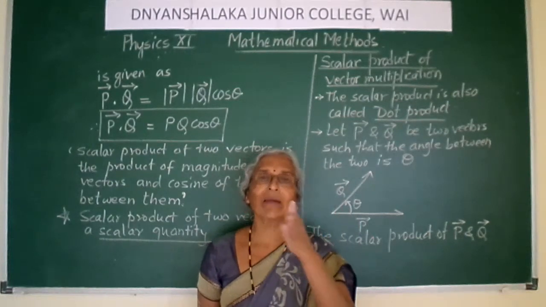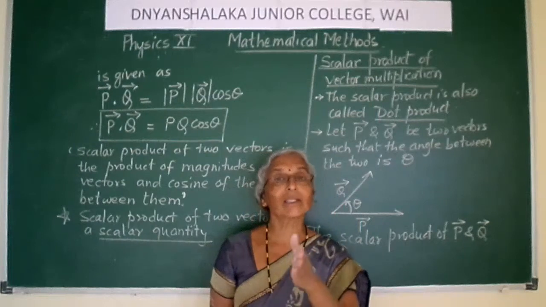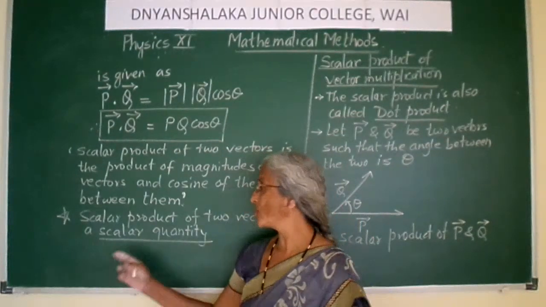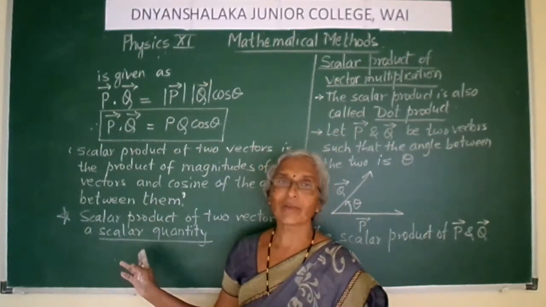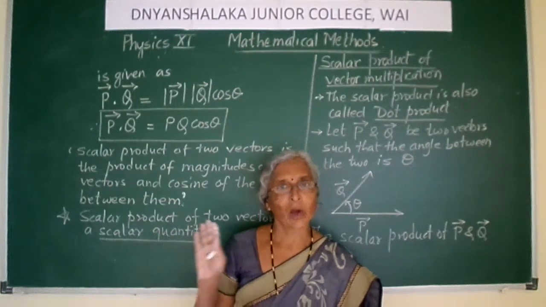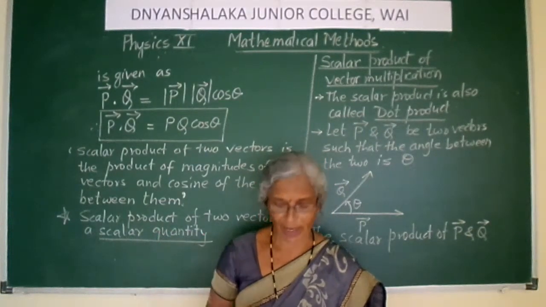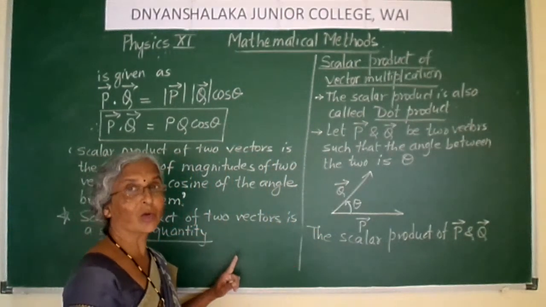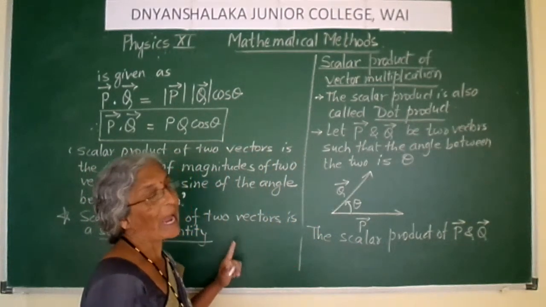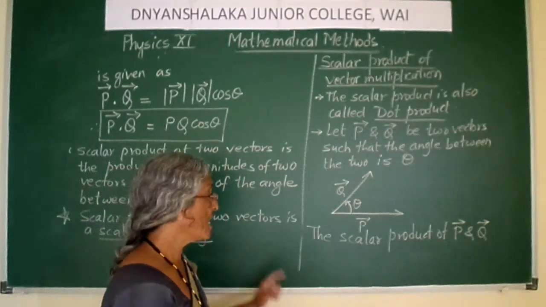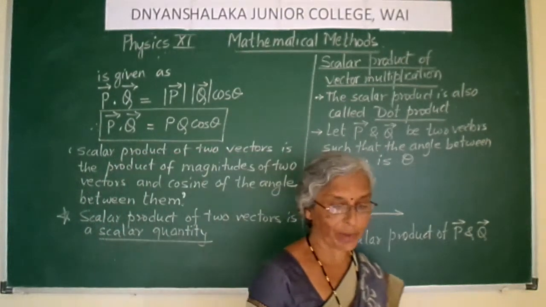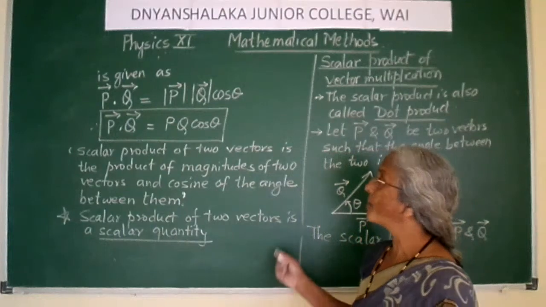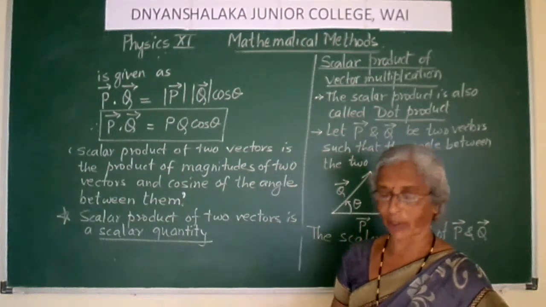And every time this scalar product will be a scalar physical quantity. Have you all got this? Very good. You have to go through this, write this down in your notebook, a must, and then we are going to go for the characteristic properties of the scalar product or the dot product.